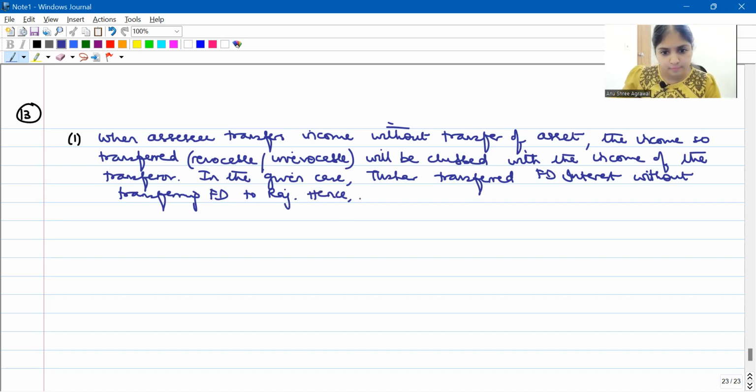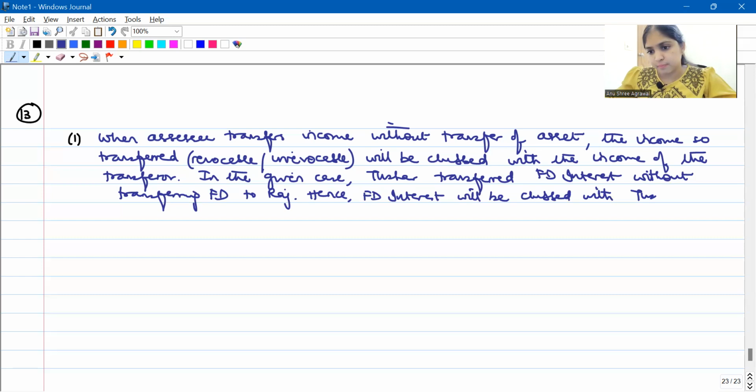Hence, FD interest will be clubbed with Tushar's income. So first we've done the examination of the first adjustment.